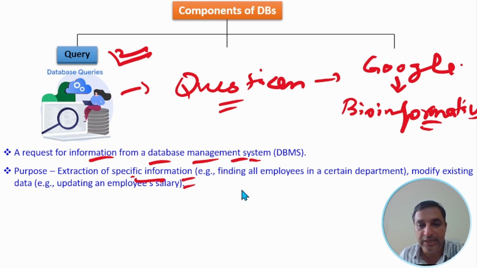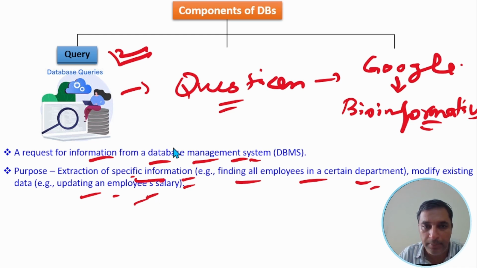For example, finding all employees in a certain department of an organization. A query can also be used to modify existing information, like updating the salary of an employee or updating some basic information related to an employee in the database of that company.